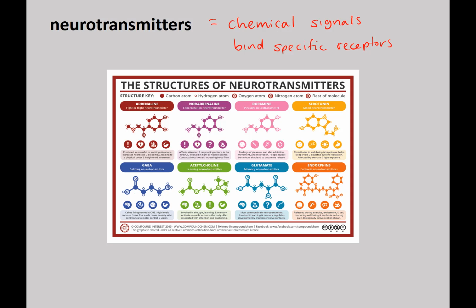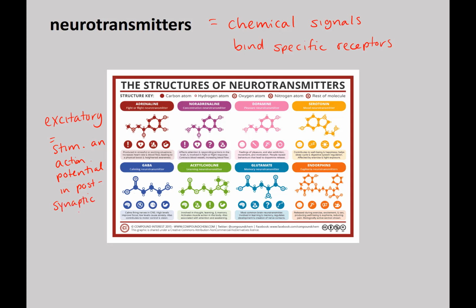Okay, what I just want to talk about is that neurotransmitters can be excitatory, which means they will stimulate an action potential in the postsynaptic neuron.